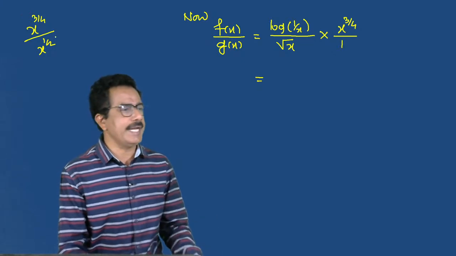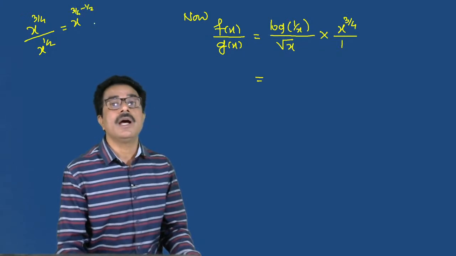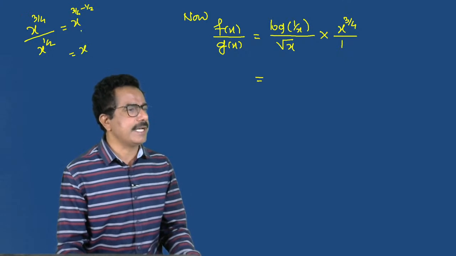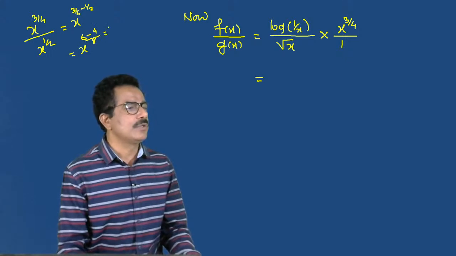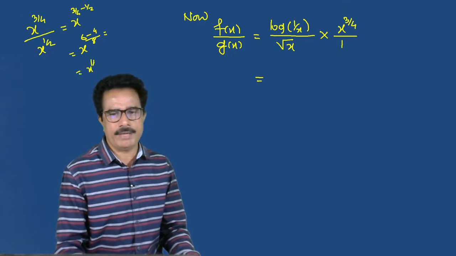So we can write this as x raised to 3/4 minus 1/2. After the division, we get x raised to 6 minus 4 divided by 8, which means 2/8, that is 1/4. x raised to 1/4.